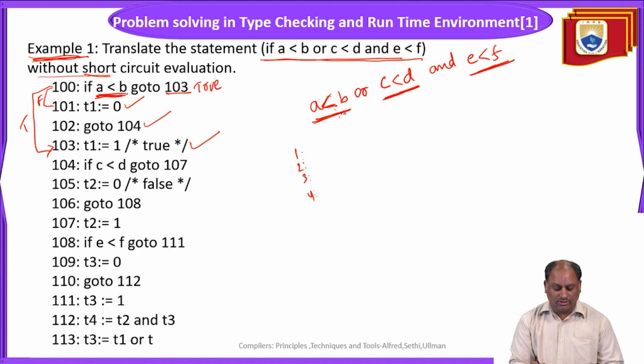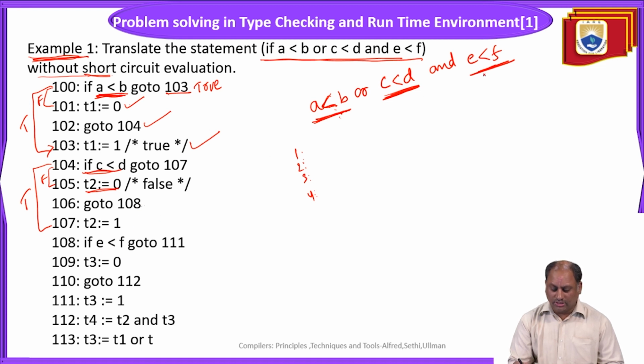Even if it is true, we are going to evaluate C less than D. So, if C less than D is true, then go to 107, the true case. Suppose it is false, then we go to the next step, that is 108.